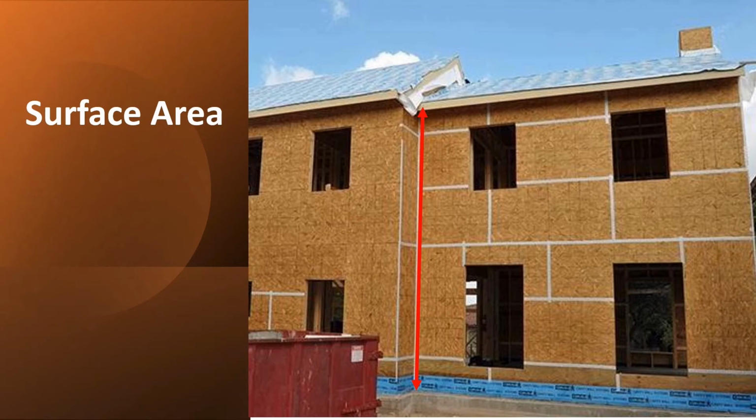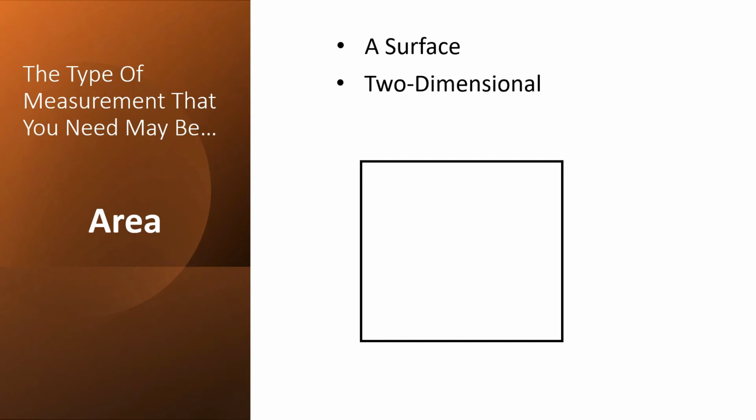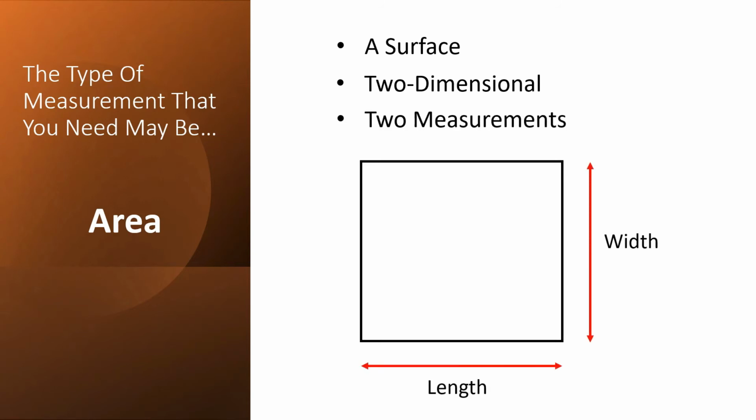If you're looking at this part of that wall, you can take these two measurements and get the area of that wall. So the type of measurement that you need might be area, a surface, two-dimensional. What does dimension mean? Dimension means measurement. So two-dimensional means two measurements. Length times the width.